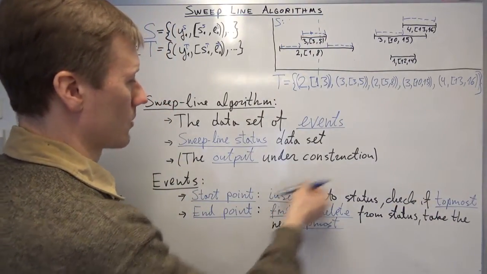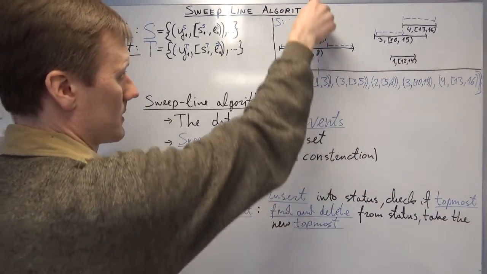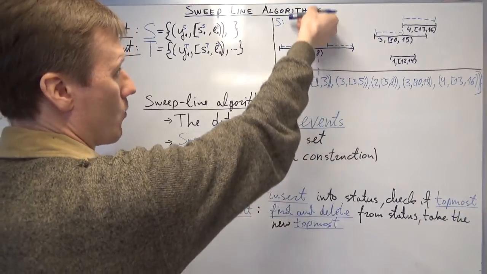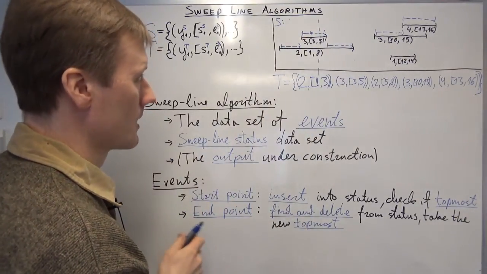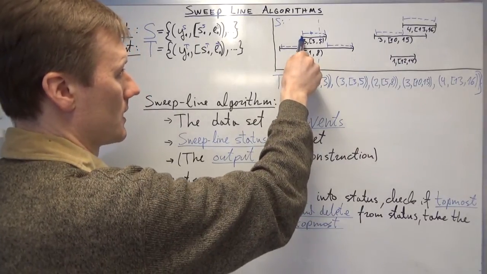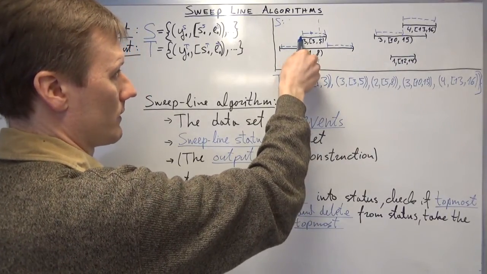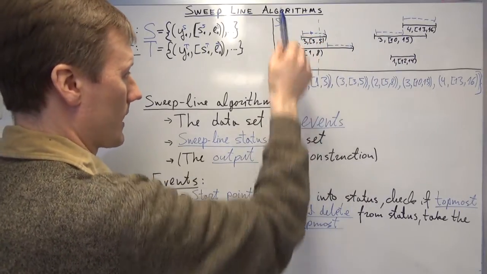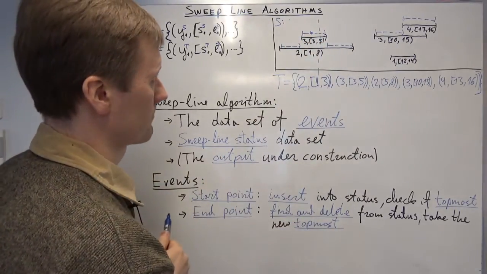So it seems that we want to organize our intervals in the sweep line status according to their y coordinate. And so when we insert a new interval, we want to check if this is now the topmost interval, then we need to append a new element to the output under construction.